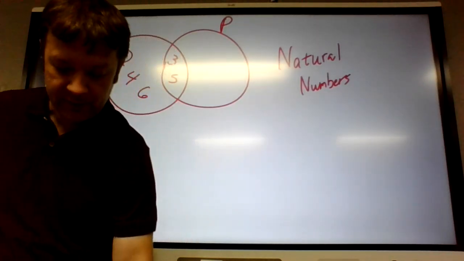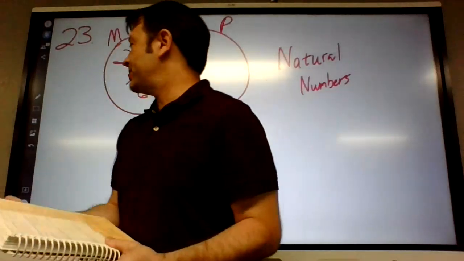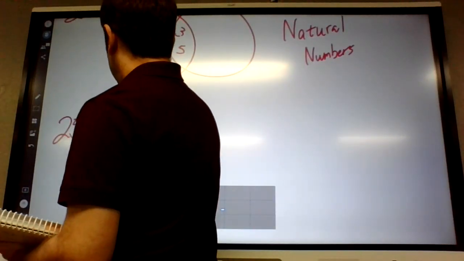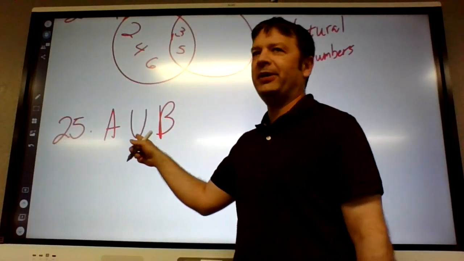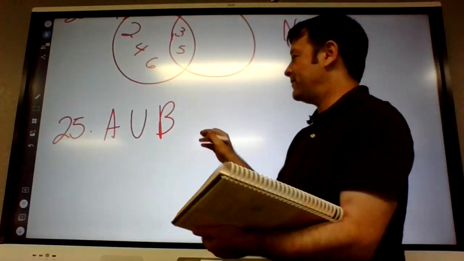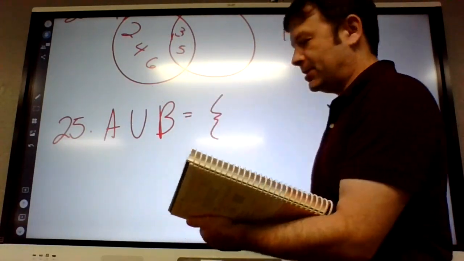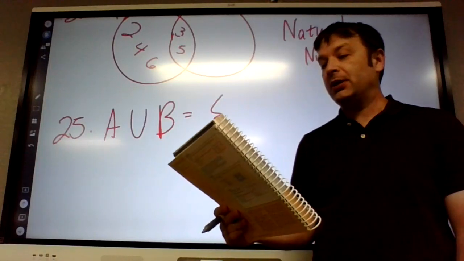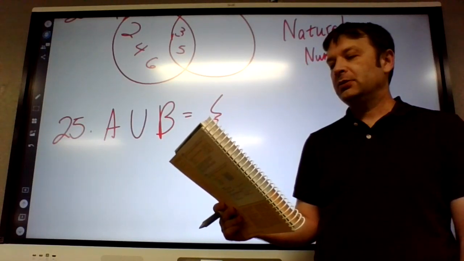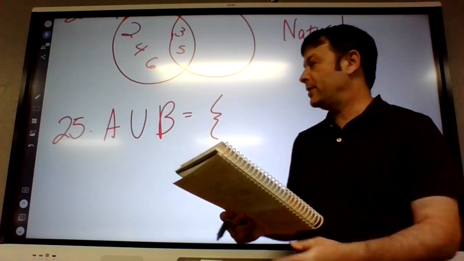What number are in 25? Okay, do you guys remember what that U symbol meant on 25? Remember what this symbol meant? Union, which means everybody's invited. So we're just supposed to make a list of everything in set A and B together. So A is 1, 3, 5, 9 and B is 2, 3, 7, 9.